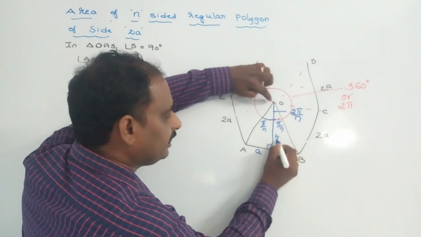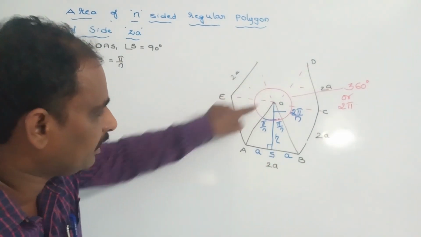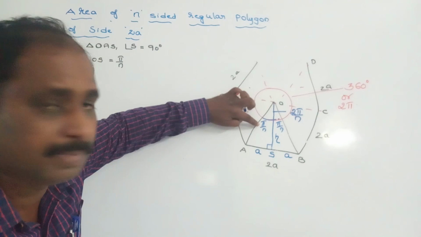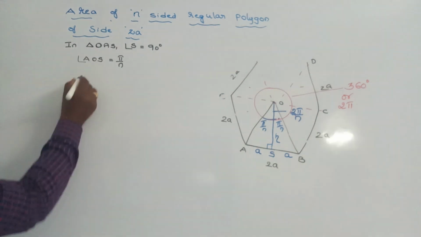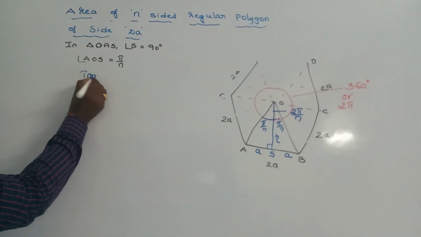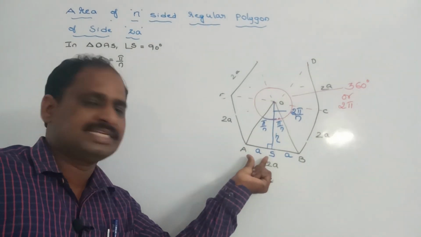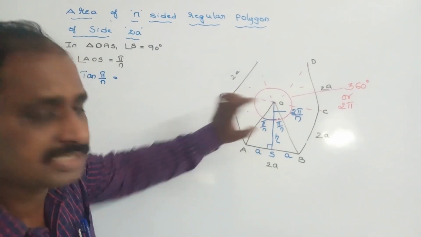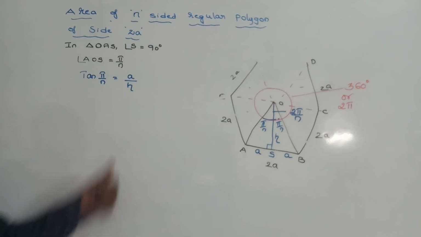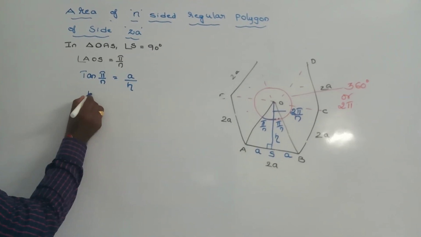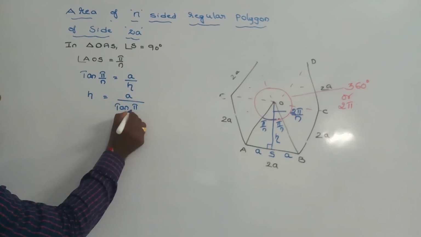Let me take this height as h. So here I need to find h. Now take triangle AOS. Here the angle is pi by n, and there is the opposite side and the adjacent side. Now consider tan theta. So tan pi by n is equal to the opposite side a over the adjacent side h, that is a by h. I need to find h, so h is equal to a by tan pi by n.